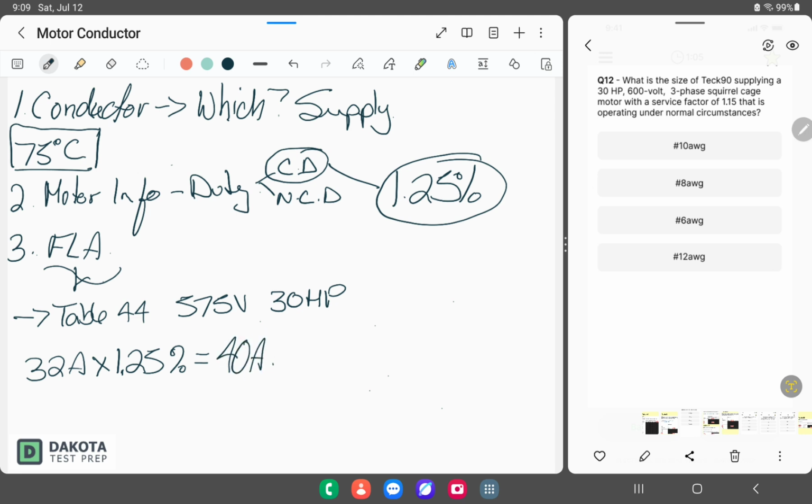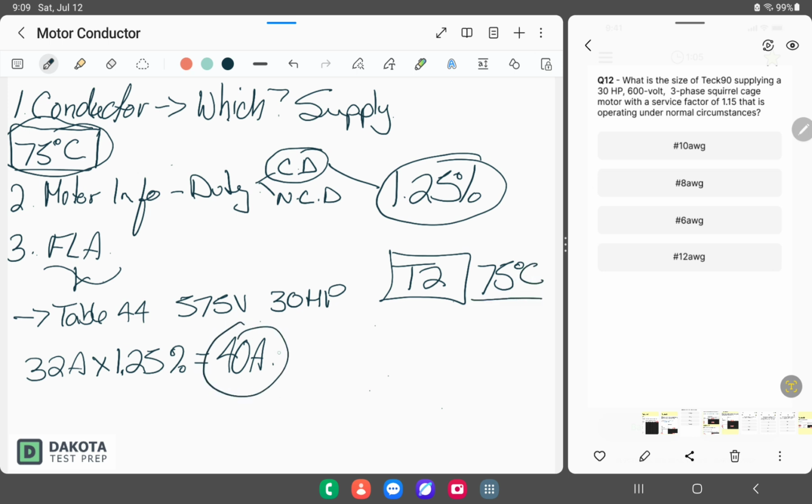Then we have to figure out whether it is copper or aluminum. It doesn't mention it. In life, we are never supposed to assume, except with code, because code goes by its own set of rules. It doesn't mention copper or aluminum, so we assume copper and go to Table 2. Because it's our supply, we use the 75-degree column.